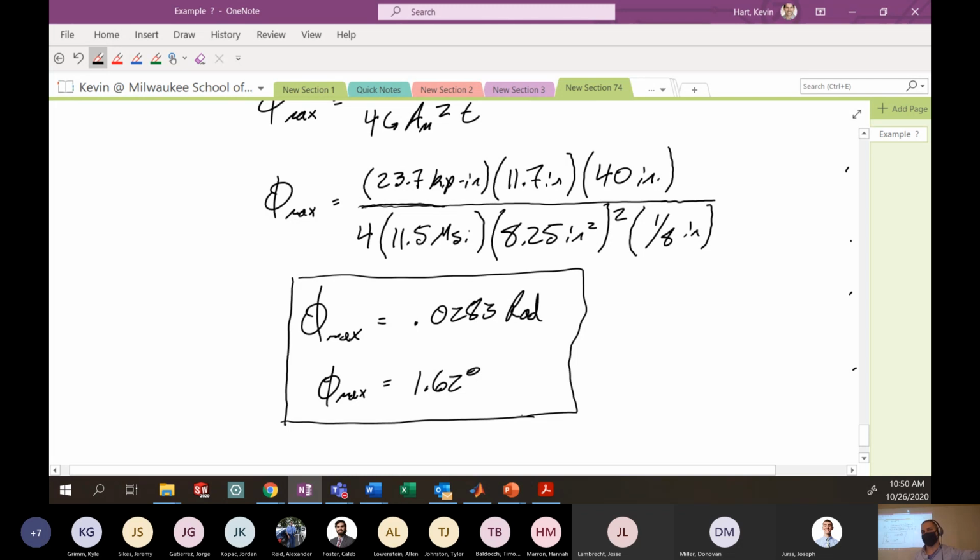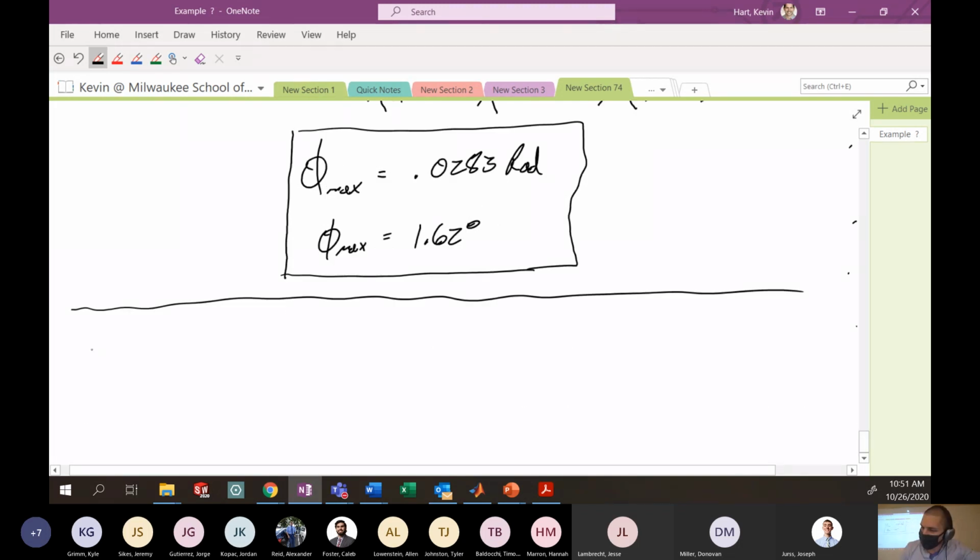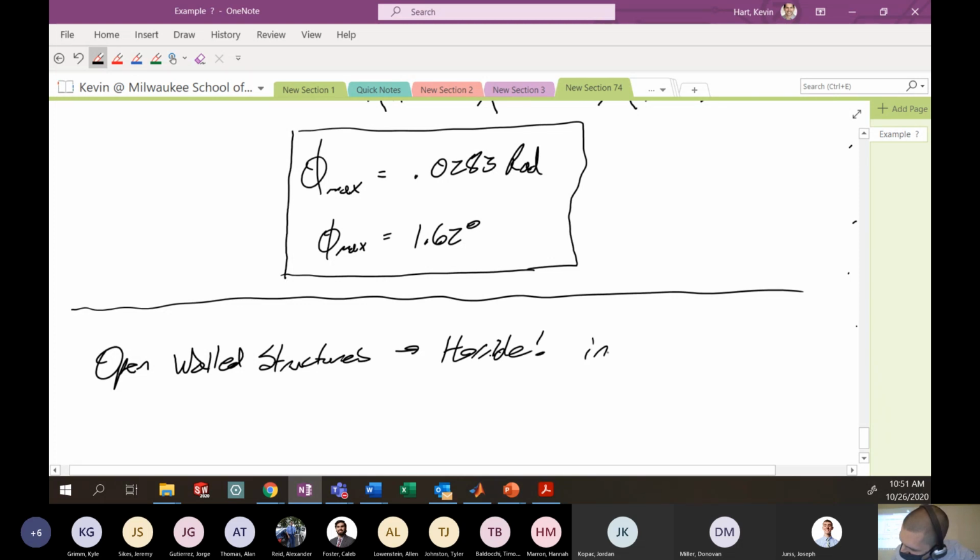So in short, and you will see this when you attack your homework coming up, open-walled structures are horrible in torsion. Horrible.